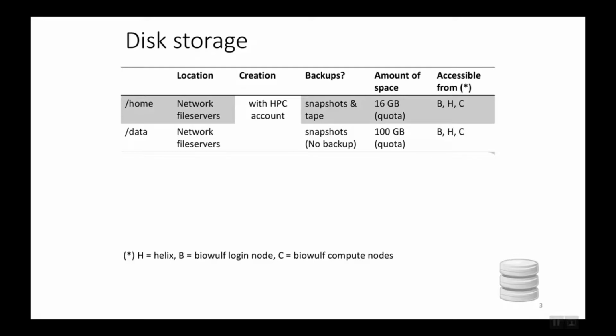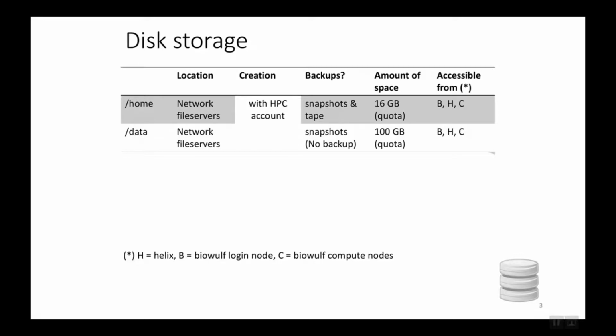And that is also a network file system that is created by default when you get an HPC account. There are snapshots that can be used to recover accidentally deleted files, and we'll discuss how to do that later. And the default quota is 100 gigabytes.